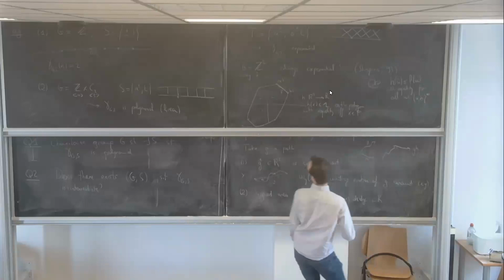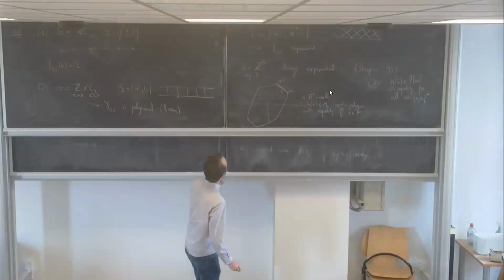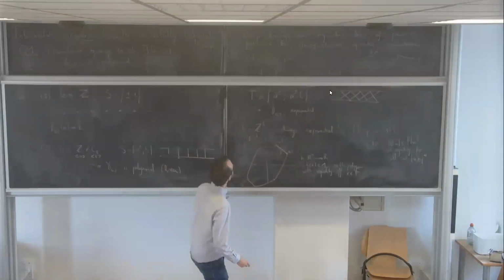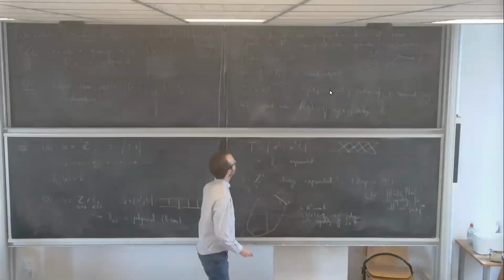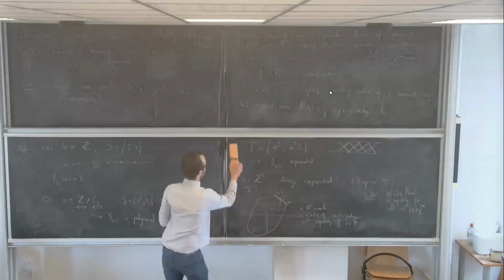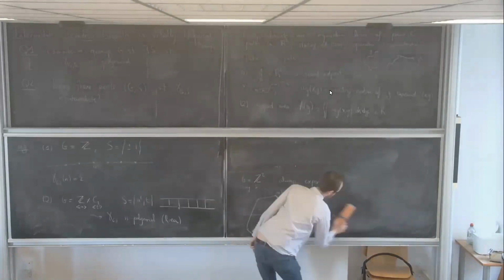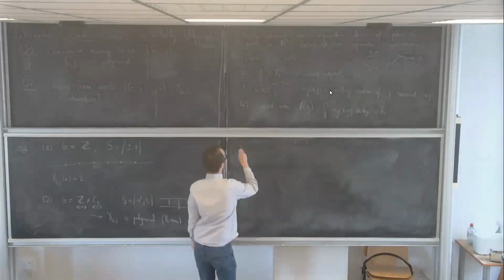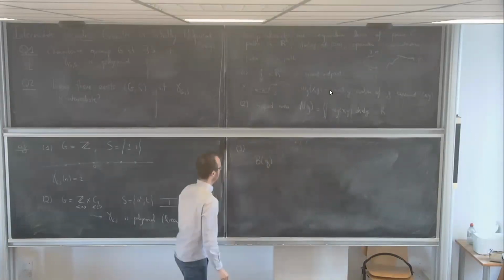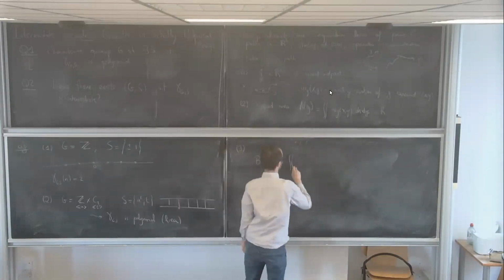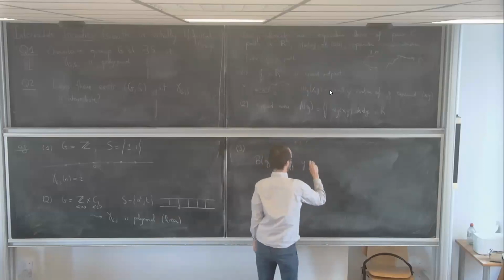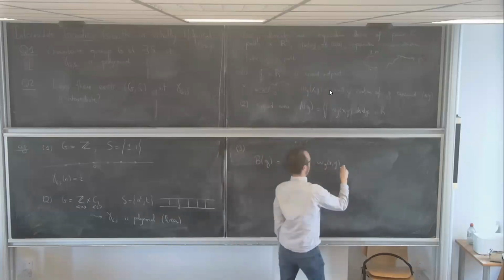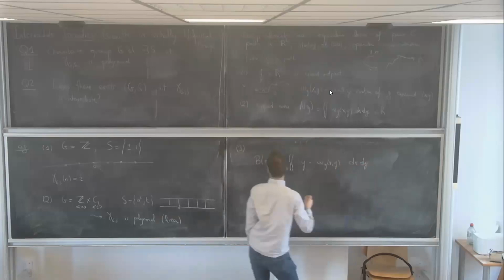Finally, the last parameter is basically the y coordinate of some kind of barycenter defined from this distribution of winding numbers. I'm going to call it d of g, and it's again some double integral: y times the winding number, integrated over the plane.